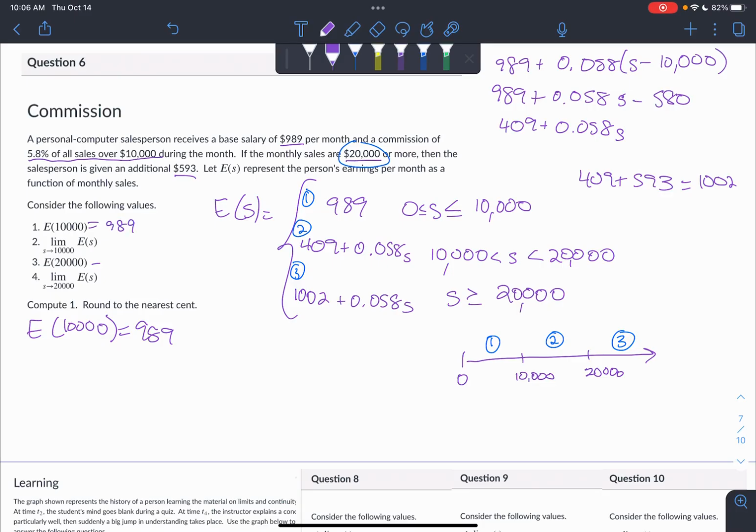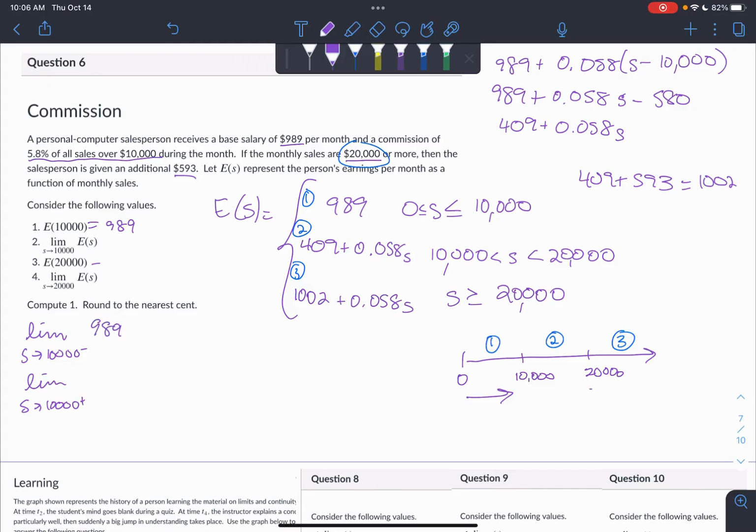Our limit as S goes to 10,000 exists if the left-hand limit is equal to the right-hand limit, so we have to find both of E of S. Coming from the left, we use our first piece, 989.